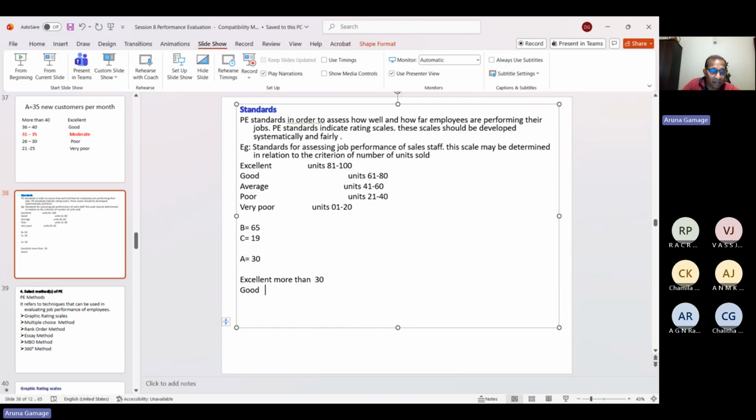Good, if it is between 25 and 29. Average, if it is 21 to 24.